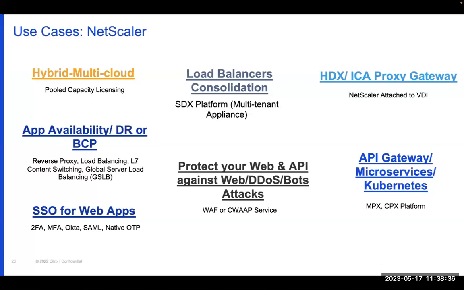And the third use case, again our unique value proposition, is when you attach NetScaler to our VDI use cases, where this is something that only we can do, none of the competitors can do, which is our HDX ICA proxy feature on our gateway. So this is something that you definitely want to position NetScaler for.